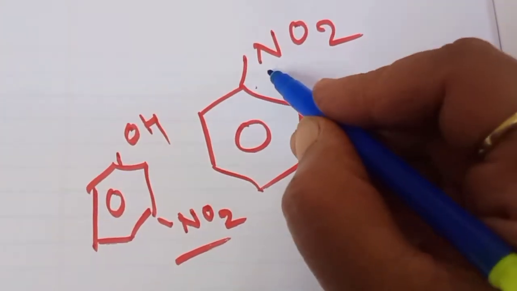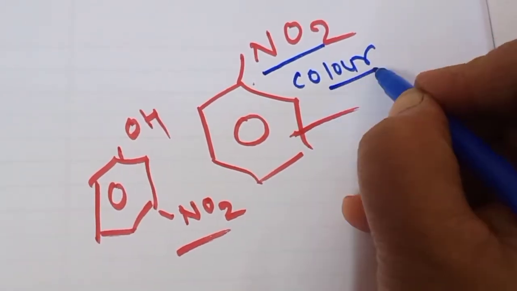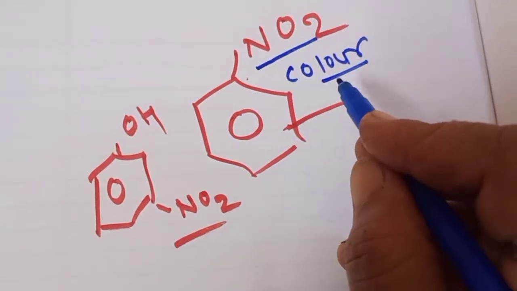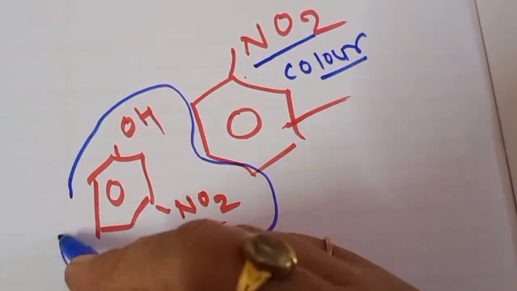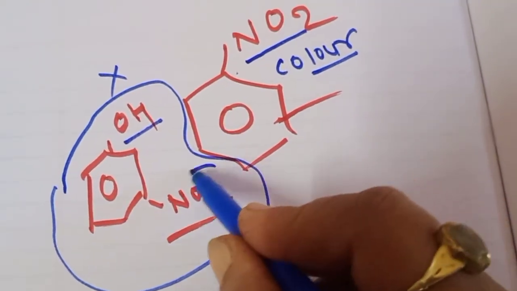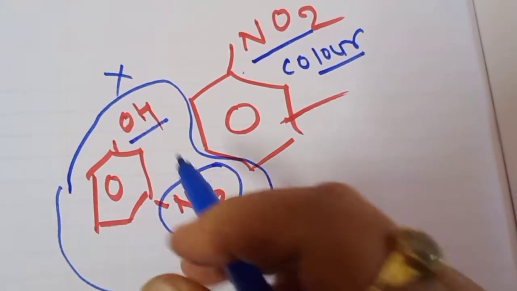When a nitro group is introduced, it is responsible for imparting the color, so this group is known as our chromophore. In this case there is already a phenol group, but the phenol group cannot give color to the compound. But if a nitro group is present along with the phenol, the compound will be colored.